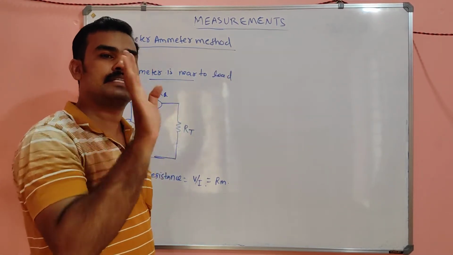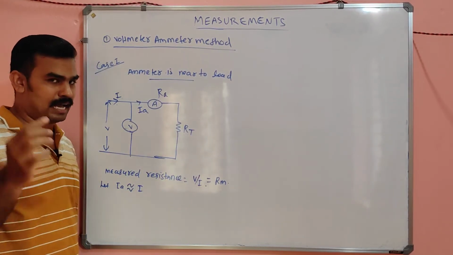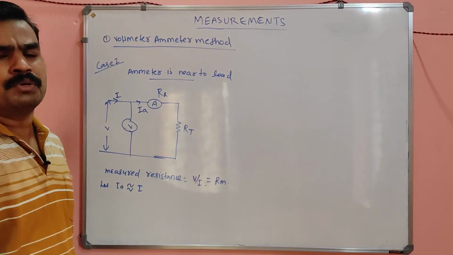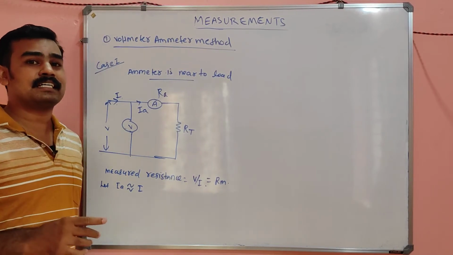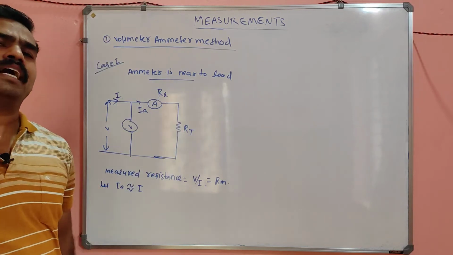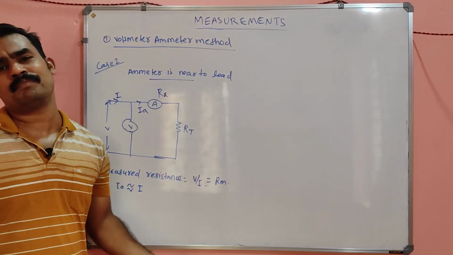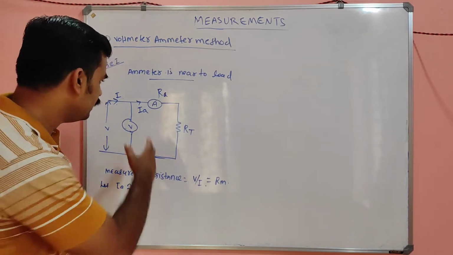Let's check. You already know the true value RT, but you have to check it by the voltmeter ammeter method. Whether it is increased, decreased, or same. That is why we are using this.